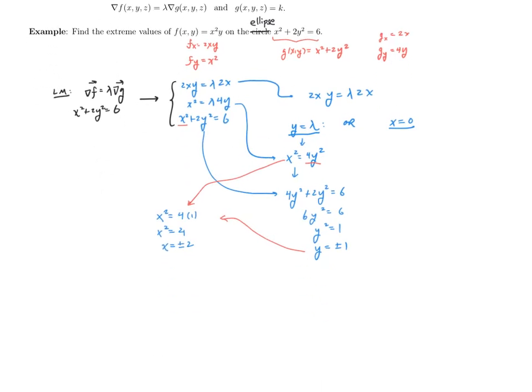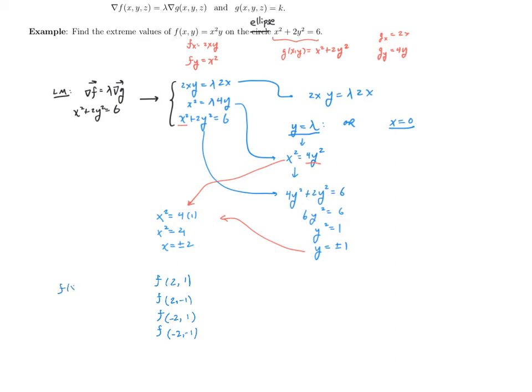And I agree, hopefully, that gives us 4 potential points of interest. When x is positive 2, y can be positive 1 or negative 1. When x is minus 2, y can be positive 1 or negative 1. And remember, we need to evaluate our function at each of those points so we can determine where the largest and smallest outcomes occur.